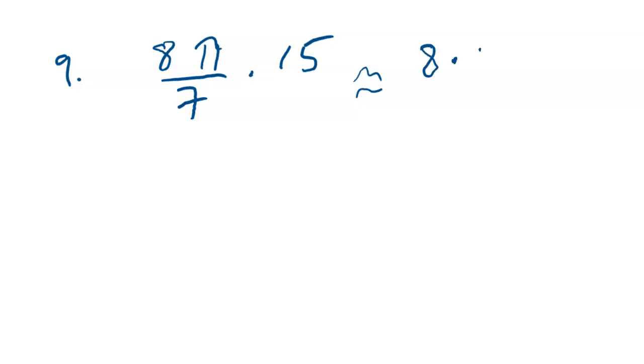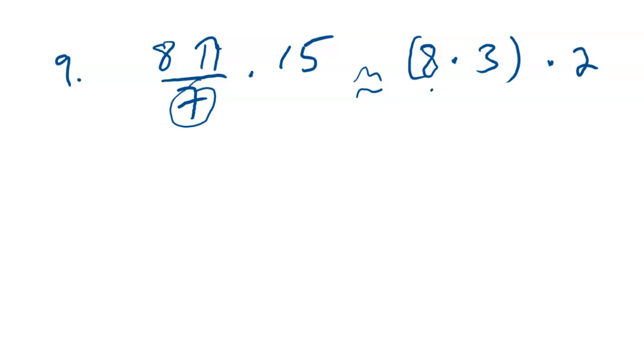Number 9 smells like arc length. What is the length of the arc below rounded to the nearest tenth? Okay, so we get 8 pi over 7 times 15. I'm going to really guesstimate here. This is approximately 8 times 3 because of the pi, and then 7 goes into 15 approximately 2 times.